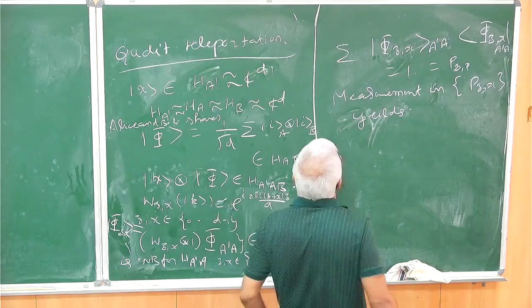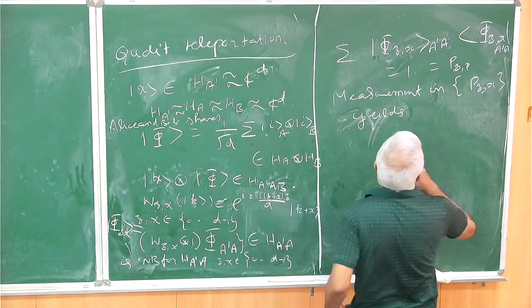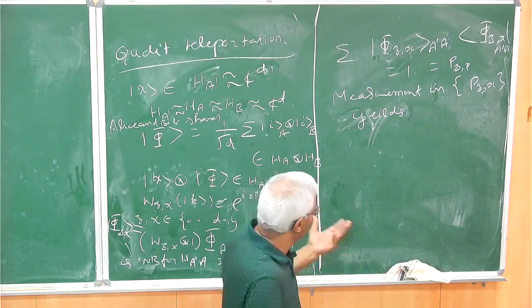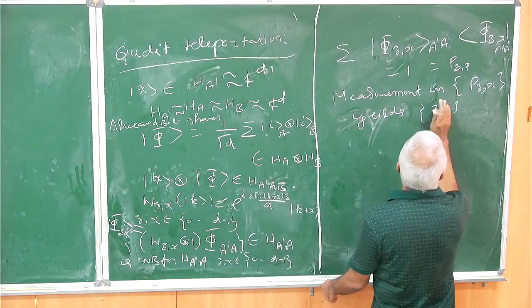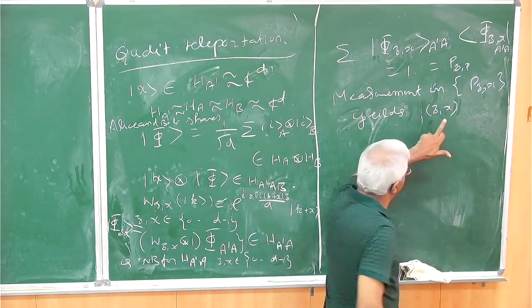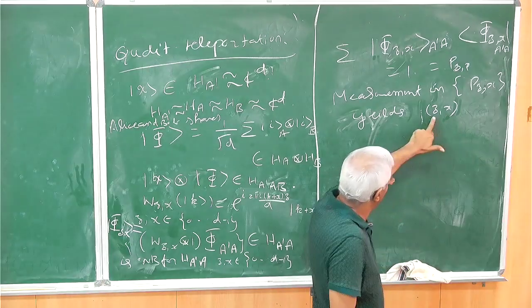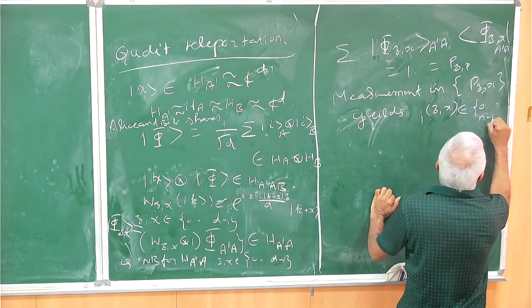So, measurement in this yields what? It yields some numbers, two numbers, with values in Z_n, from 0 up to n minus 1.